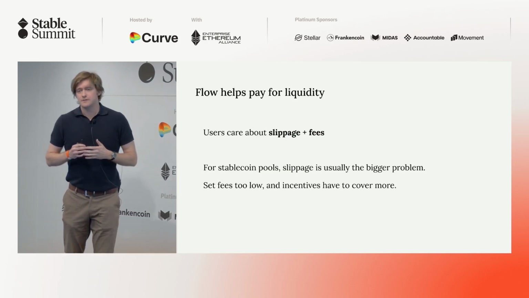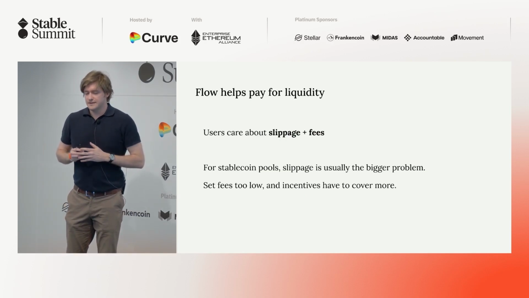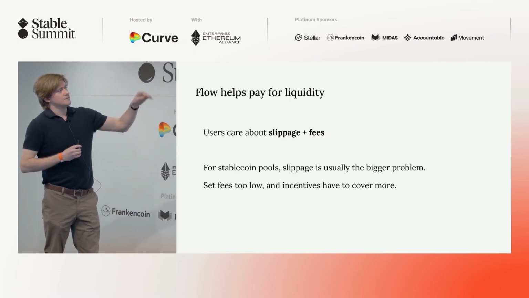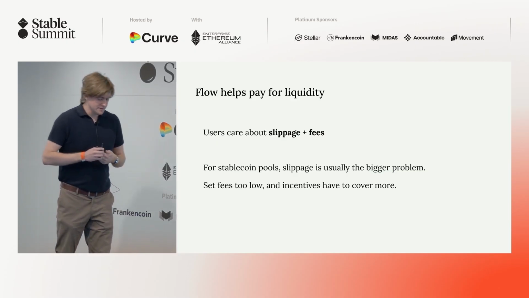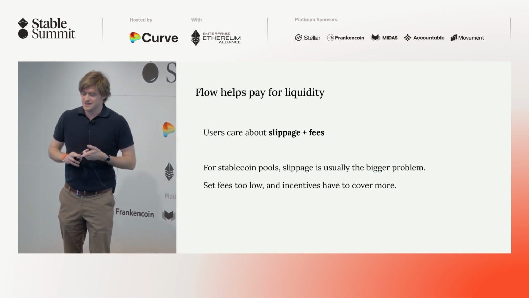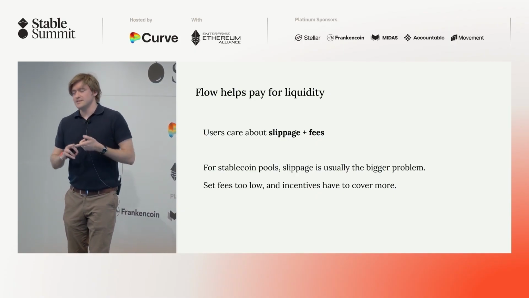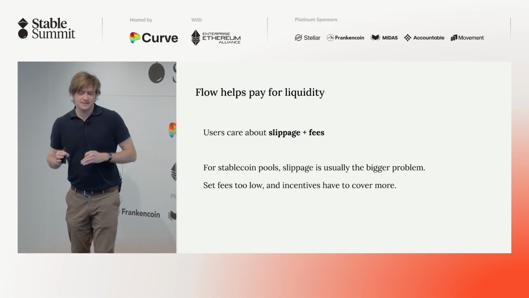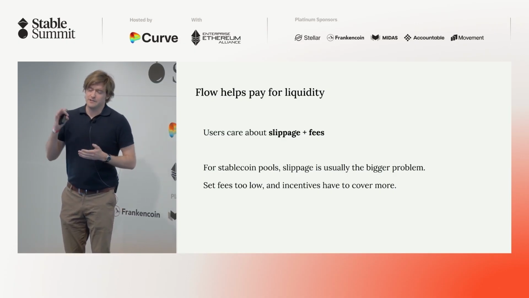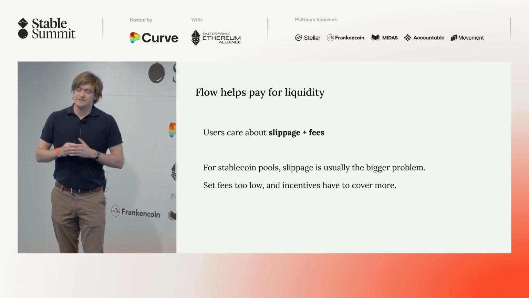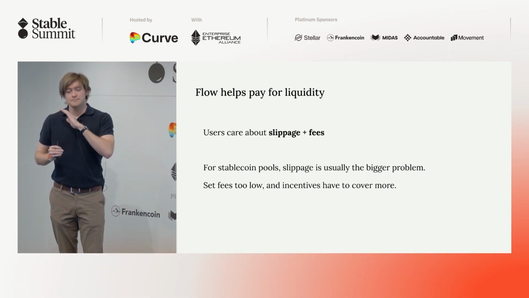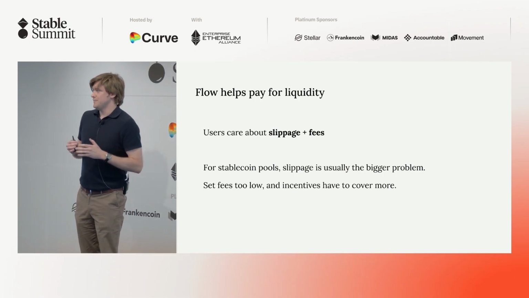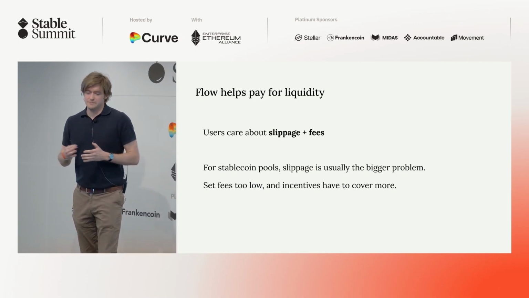So that's why flow is super important. Users, when they do transactions, care about the slippage and the fees. And typically, slippage is much worse than the swap fees. A lot of asset issuers put a very low fee to be competitive, but that can hurt you, because if you have low fees, then the flow will pay less to the LPs.